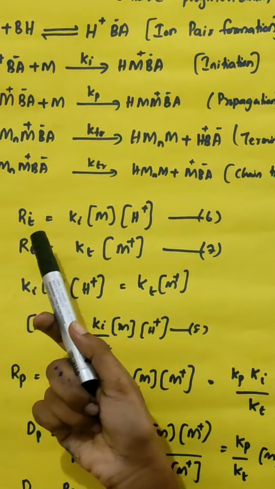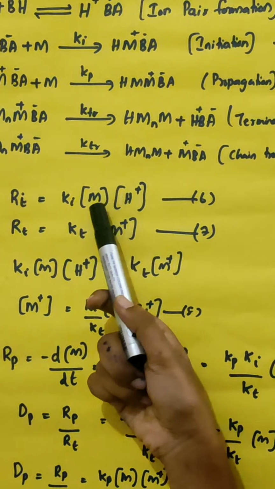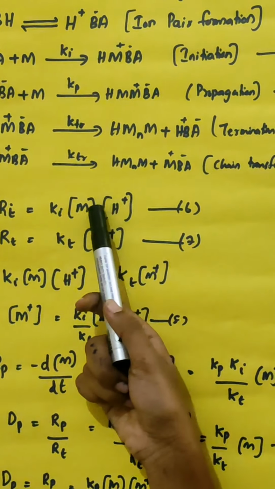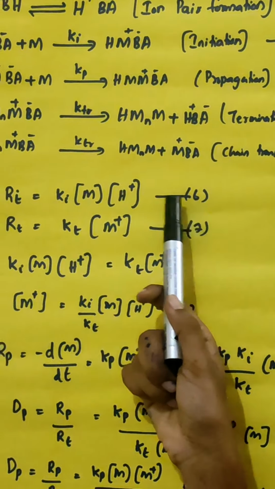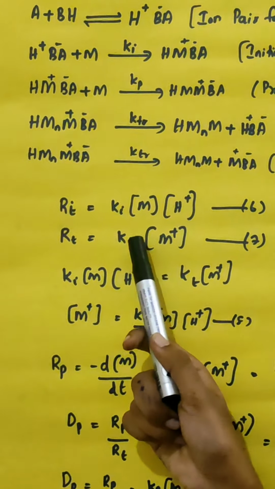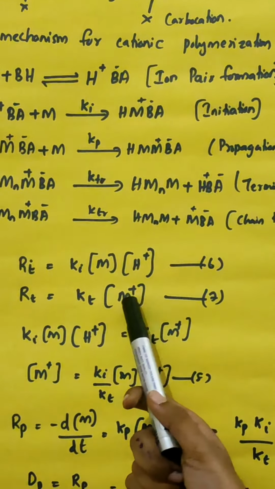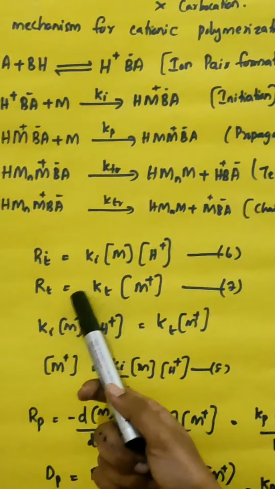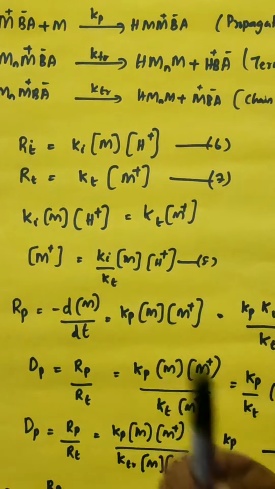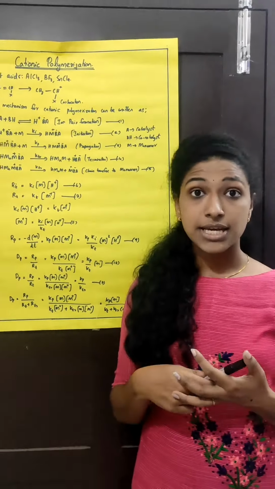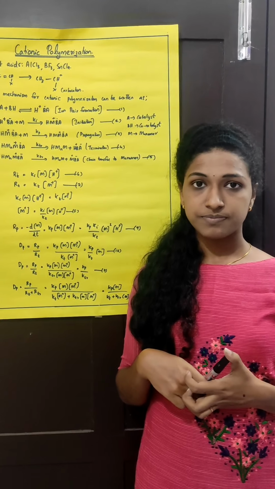So Ri is the rate of initiation, and it can be written as Ki into the concentration of M, that is the monomer concentration, into the concentration of H+, and this is equation number 6. Then Rt equals Kt into the concentration of M+. We know that from the steady state approximation, the rate of initiation is equal to the rate of termination.